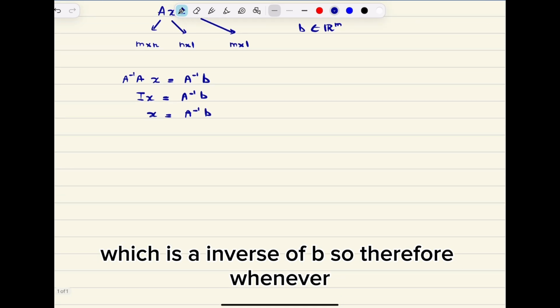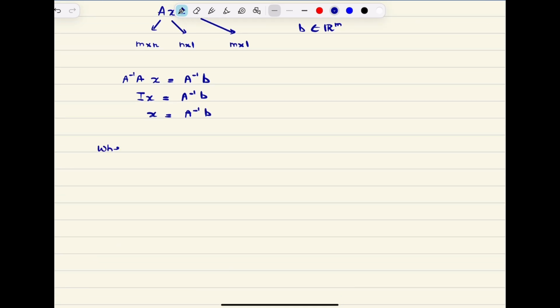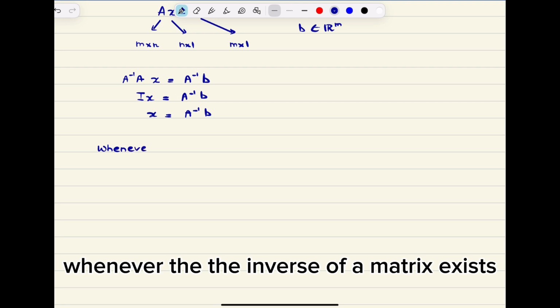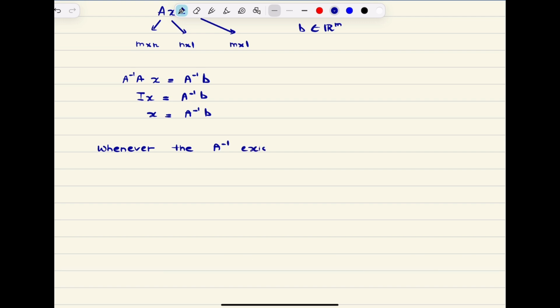So whenever the inverse of a matrix exists, we will get a unique solution.